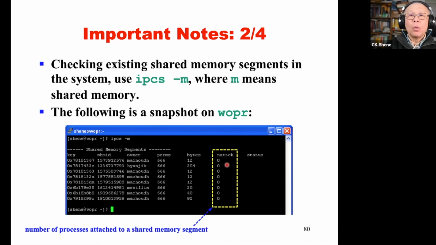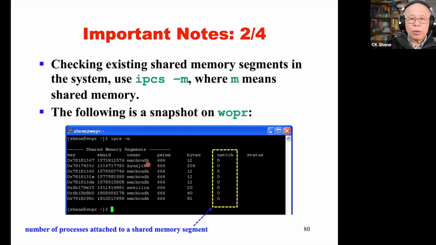That means all processes that used this shared memory are gone. It means this shared memory is a leftover. Nobody's using it. So this one in particular, when you see 666 and just a few bytes, it means this person could have been a student in my class.